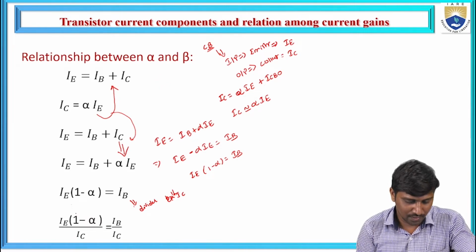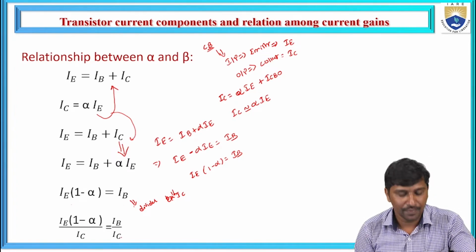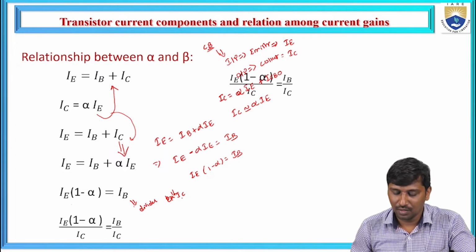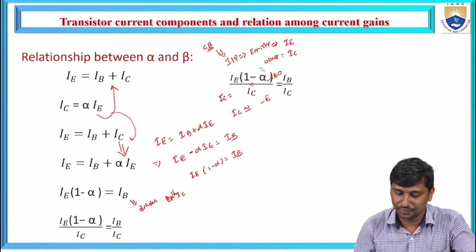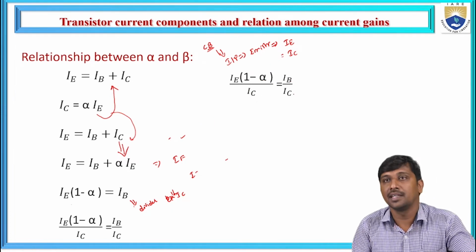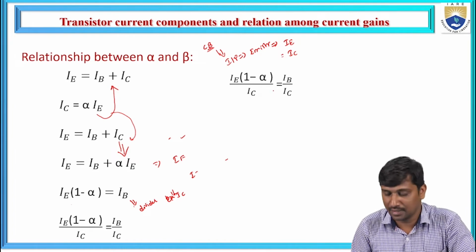So IE times (1 minus alpha) divided by IC is equal to IB by IC.